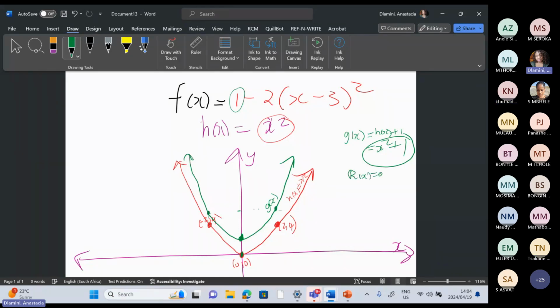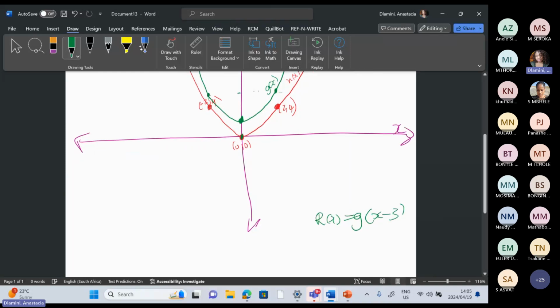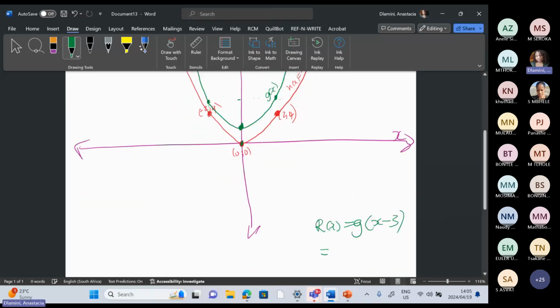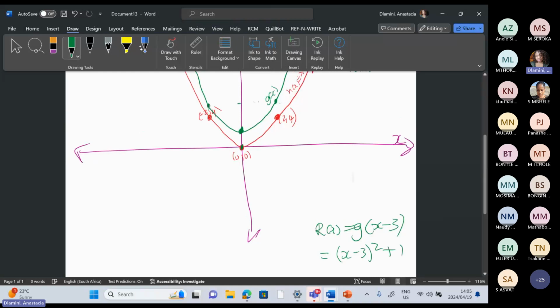We are taking g of x and shifting it 3 units to the right, minus 3. So this will be equal to x minus 3 squared plus 1. That's how far we have done.